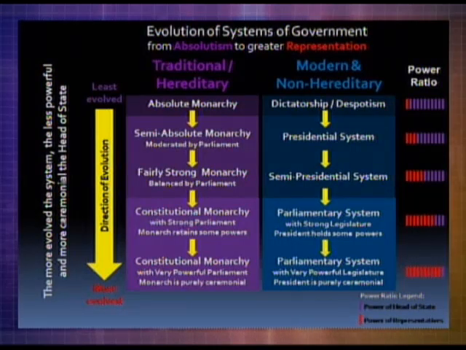And then through the years, most of them were successfully able to educate their people and improve things. People started clamoring for more rights. They were asking, hey, we'd like to have more representation. Because of that, they would move downwards from an absolute monarchy to a semi-absolute monarchy, moderated by a parliament.